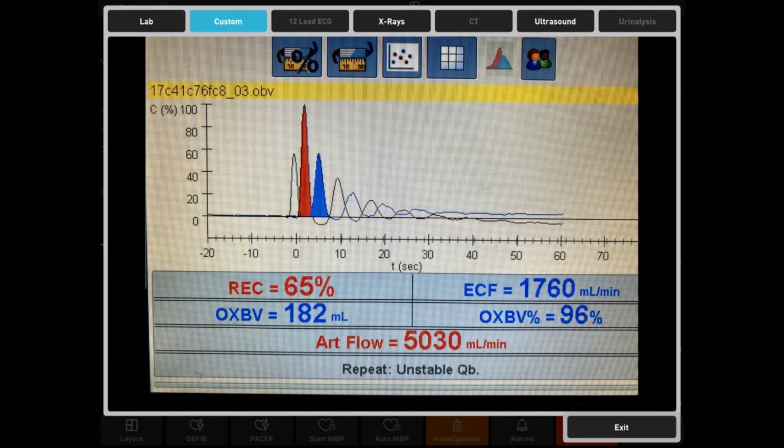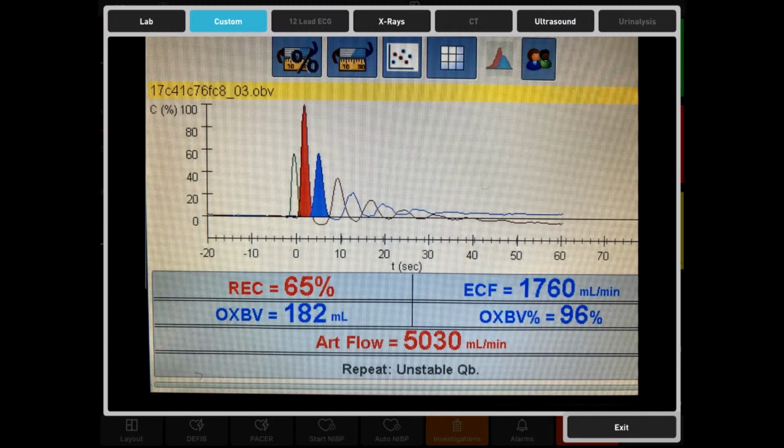And what you notice from that is your arterial flow is 5 liters, but your effective ECMO flow, or ECF, effective circulatory flow. I don't know what ECF stands for. I think it's extracorporeal flow. I think that's what it stands for. So what? No, it has to be effective. It's your effective flow. Effective corporeal flow, maybe?